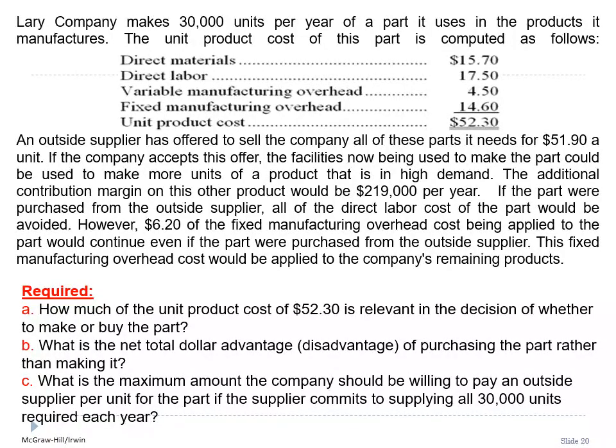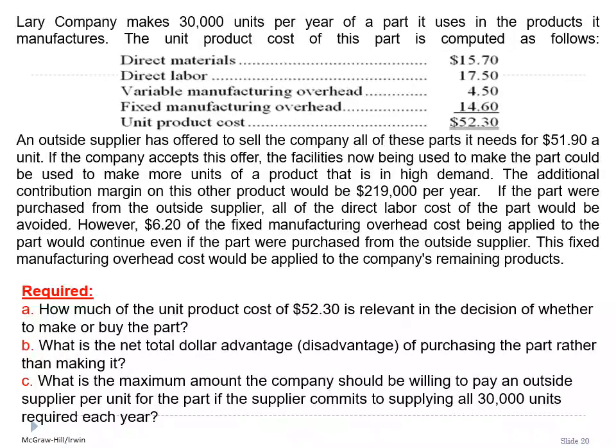If the part were purchased from the outside supplier, all of the direct labor cost of the part would be avoided. However, $6.2 of the fixed manufacturing overhead cost being applied to the part would continue even if the part were purchased from the outside supplier. This fixed manufacturing overhead cost would be applied to the company's remaining products.